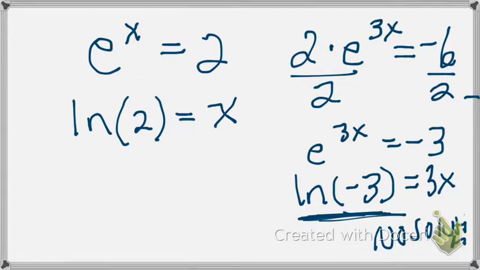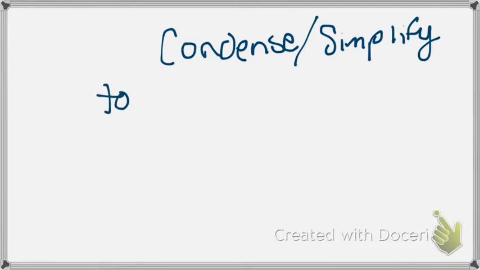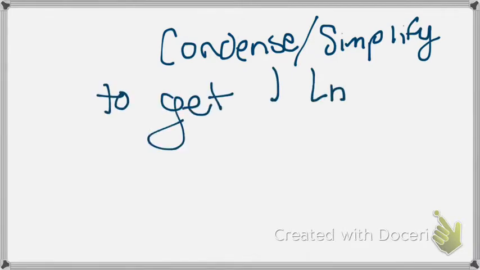Hopefully you can take your time and kind of pick through this video and figure out what works for you and what does not. The main idea really is, okay, you want to condense or simplify to get 1 log, or 1 ln.